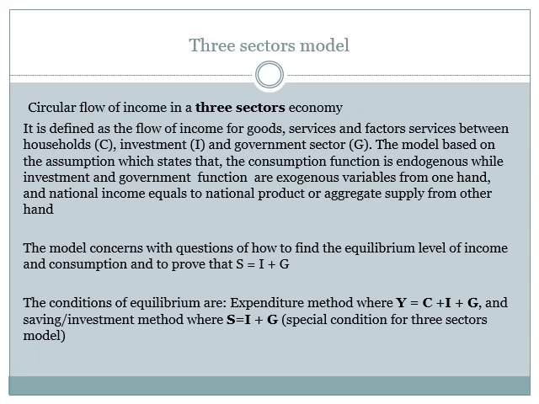The model is concerned with the questions of how to find the equilibrium level of income and consumption, and to prove that S equals I plus G. The conditions of equilibrium for this model are: expenditure method, where Y, aggregate supply, equals C plus I plus G, that is consumption demand, investment demand, and government demand, or consumption expenditure, investment expenditure, and government expenditure.